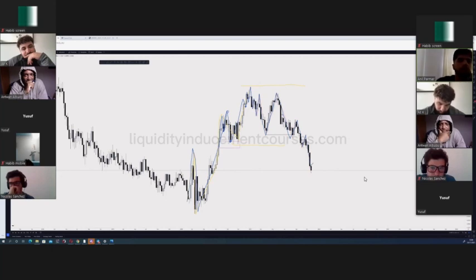If this was all straight like this, I would say this is internal to weekly, and everything here will be a substructure of the weekly, definitely. So it doesn't change how you analyze anything.